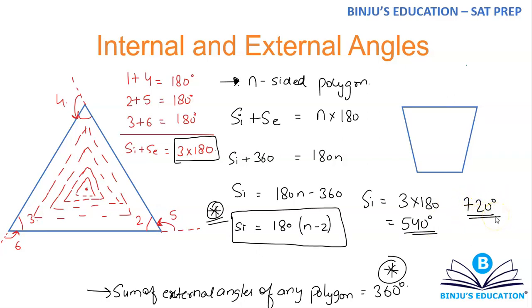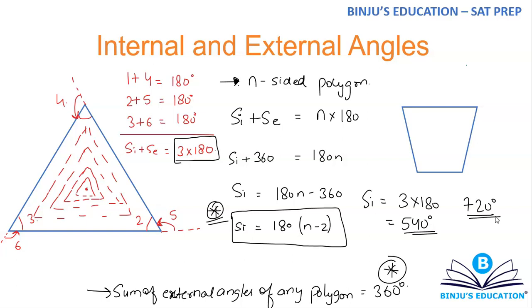For a triangle, replace n by 3. You get 3 minus 2, which is 1, 1 into 180 is 180 degrees. For a quadrilateral, replace n by 4, you'll get 360 degrees and so on. Okay. So remember these two formulas. And also remember that when you talk about a regular polygon, all sides are equal and all angles are equal.